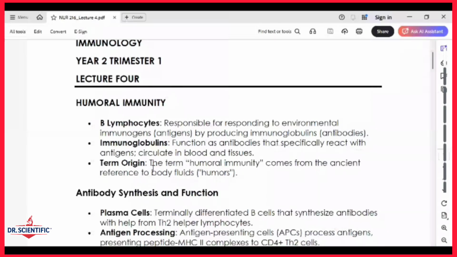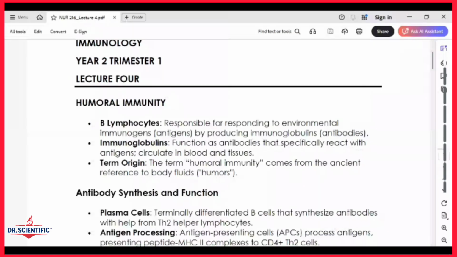That's correct. There's a very specific thing I'm looking at. Th2, but what do Th2 emit? Can anybody else give it a try? Yes, Precious? It emits IL-4 and IL-10.